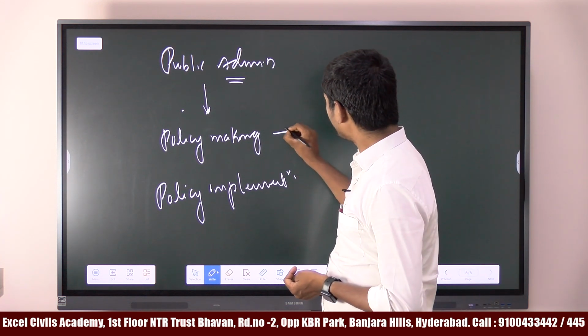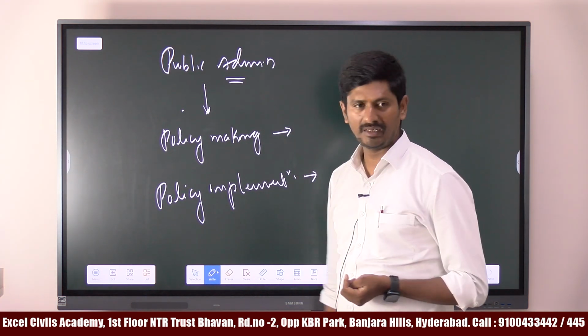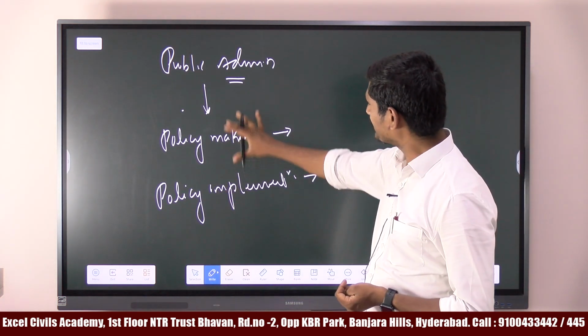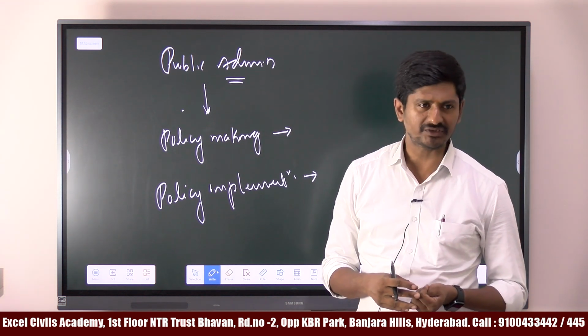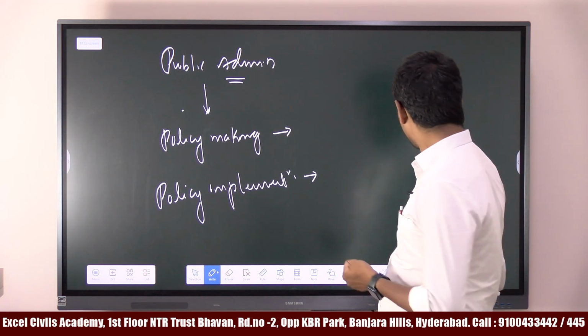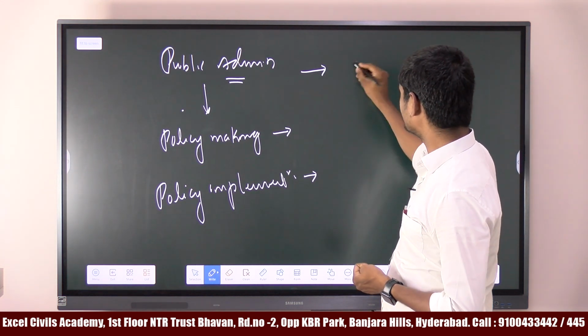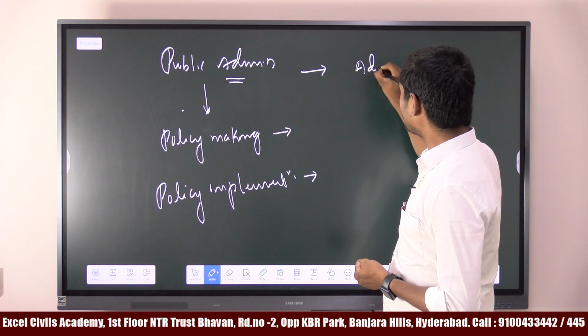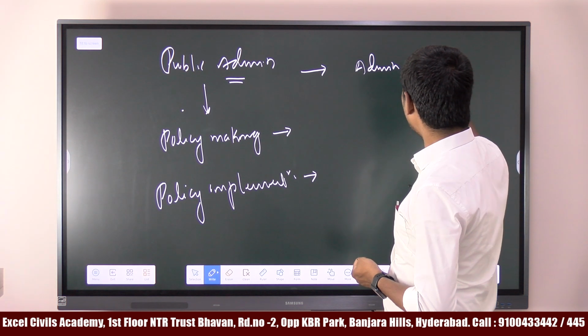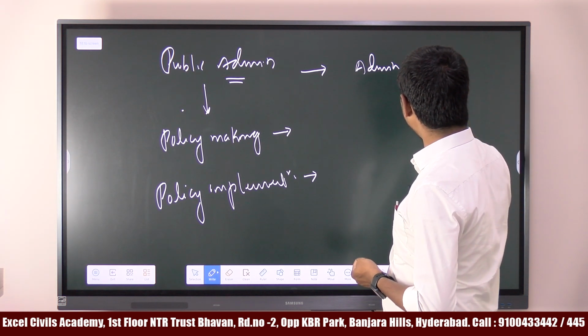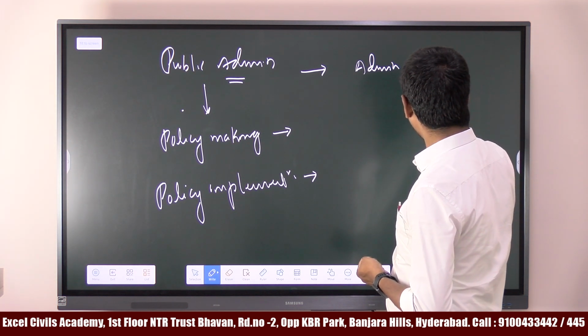So how policies are made and how policies are implemented, these two aspects will be studied as a part of public administration. Okay. So we can understand public administration from another perspective also. Public administration is nothing but administration of the public, administration by the public.